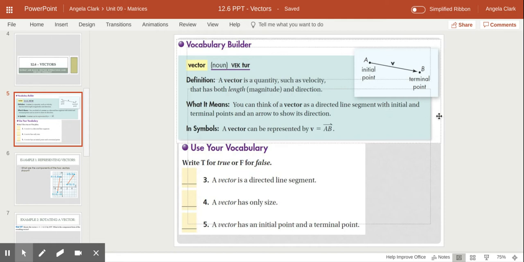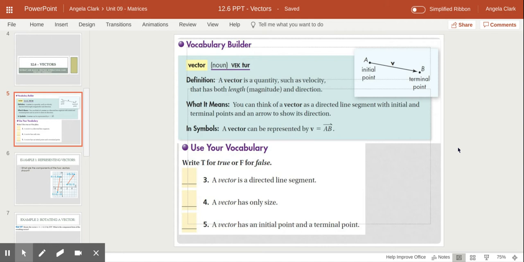Okay, so an example of what a vector is, you can think of the difference between speed and velocity, specifically in more of a physics type application. Speed is just how fast something is going. Velocity includes not only how fast, but in what direction. So if I say I'm going 60 miles an hour, that's a speed.